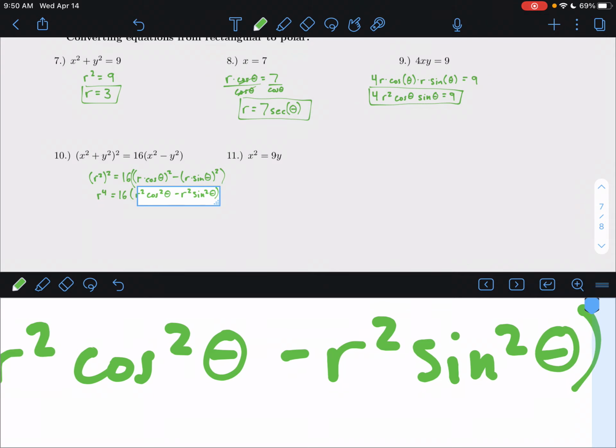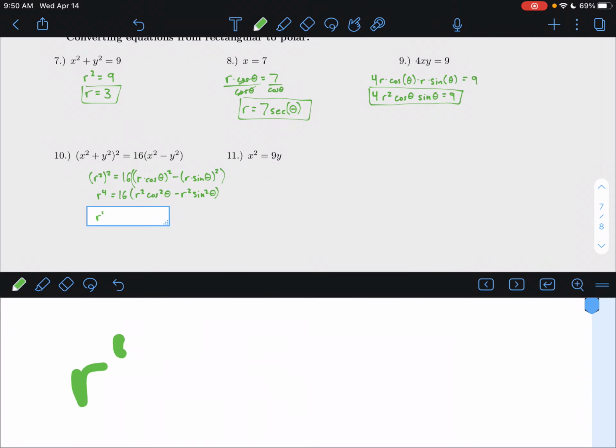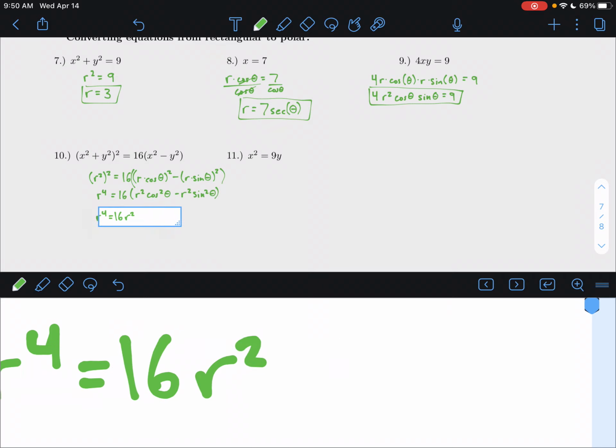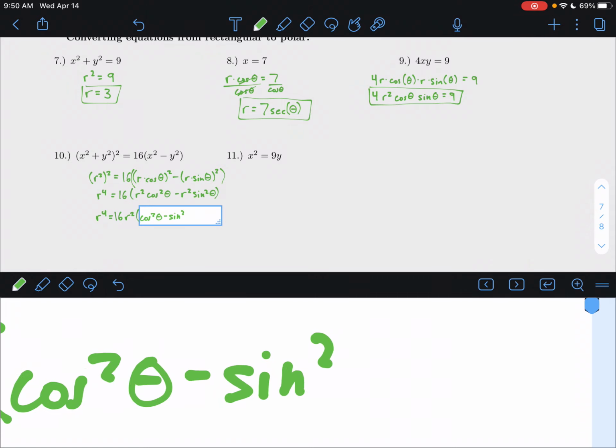I can pull out that r squared because it's in both terms. So r to the 4th equals 16 r squared times (cosine squared of theta minus sine squared of theta).